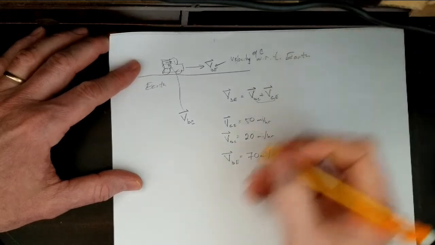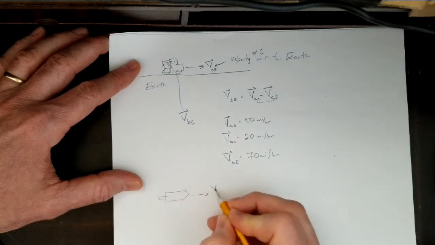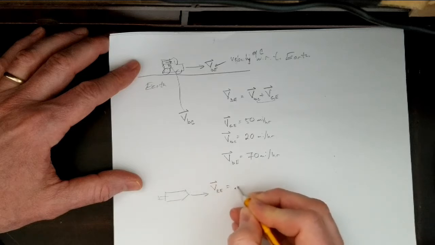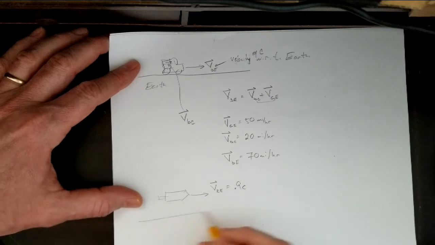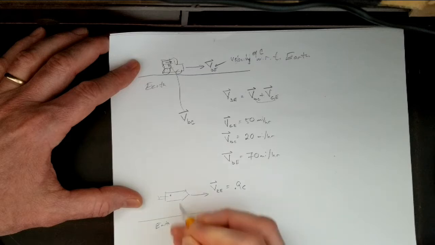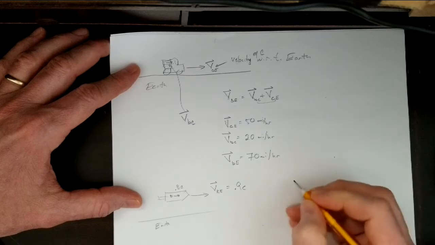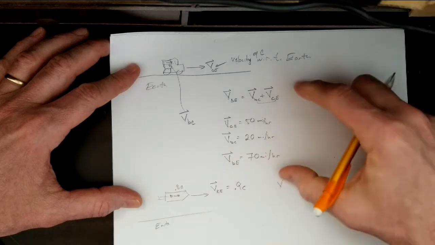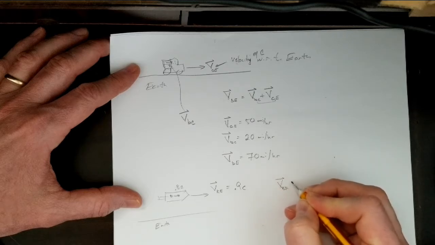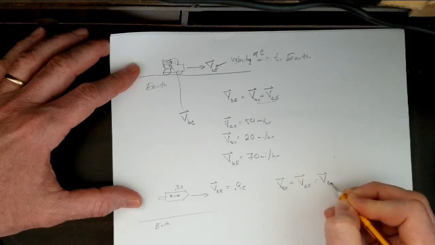However, if you're in a rocket ship and the speed of the rocket ship with respect to the Earth is 0.9 times the speed of light, and you throw a ball forward at 0.8 times the speed of light, well, if Galilean relativity were true, the velocity of the ball with respect to the rocket plus the velocity of the rocket with respect to Earth would give you the velocity of the ball with respect to Earth.